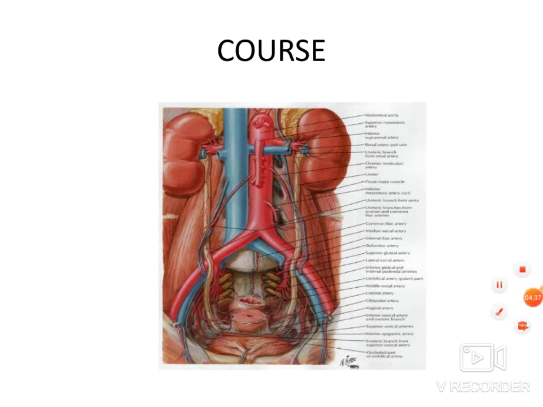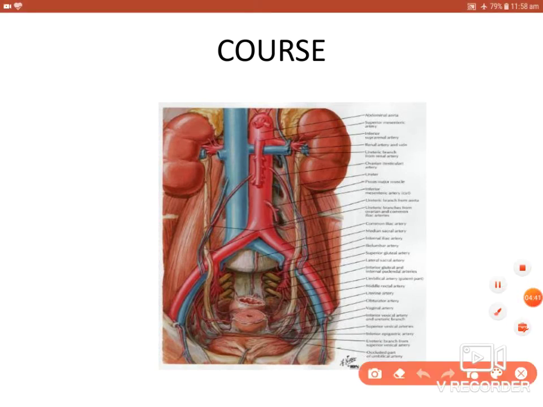Then coming to the course of the ureter. Here, this is also the posterior abdominal wall. This is the right kidney and this is the left kidney. This is the right ureter, and this is the left ureter. Here is the lower pole.